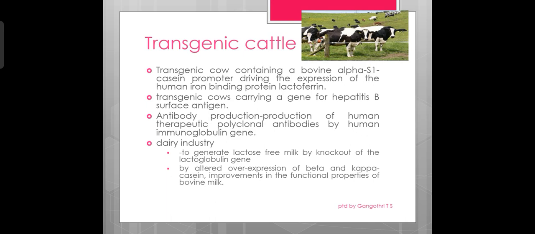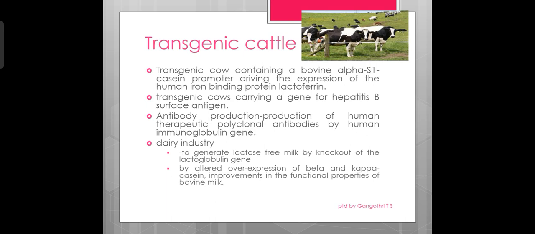Dairy industry. Dairy production is an attractive field for targeted genetic modification. The bovine casein ratio has been altered by overexpression of beta and kappa casein. This clearly shows the potential for improvements in the functional properties of bovine milk, that is, the beta and kappa casein genes.